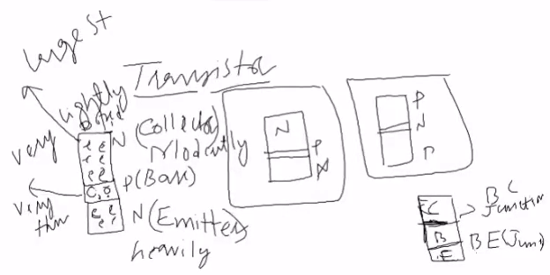So for operation of a transistor, if we want action in the transistor, for example there is a transistor. This region has electrons, and this is holes.